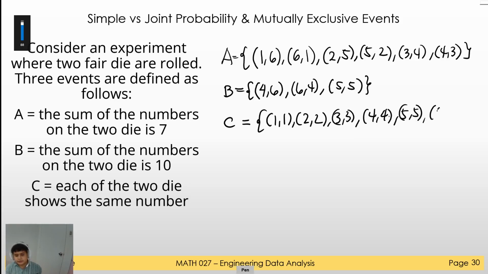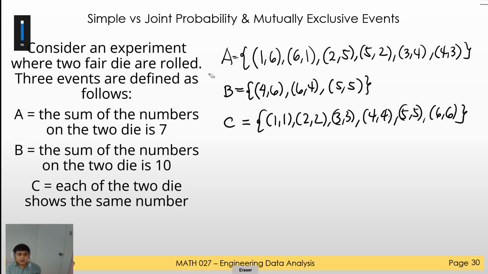The question here is, given these three events, are they mutually exclusive? We can inspect if A and B are mutually exclusive. If they do not have an intersection, then they are mutually exclusive. As we can see here, there is no intersection, there are no similar events.